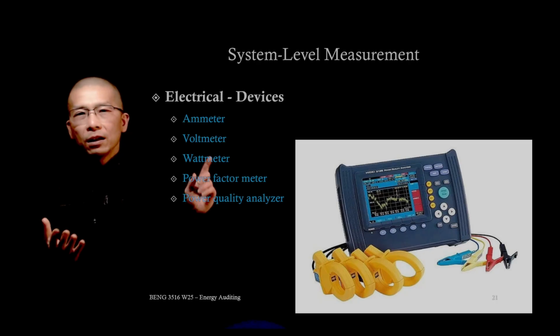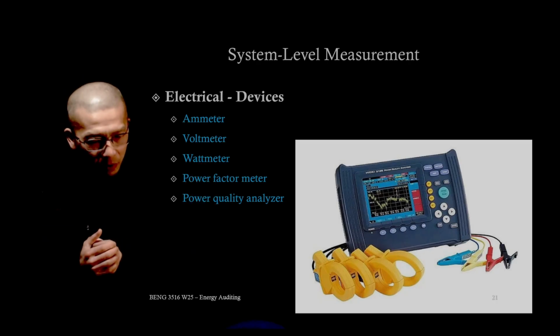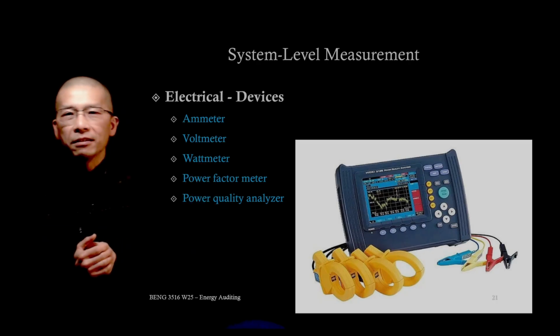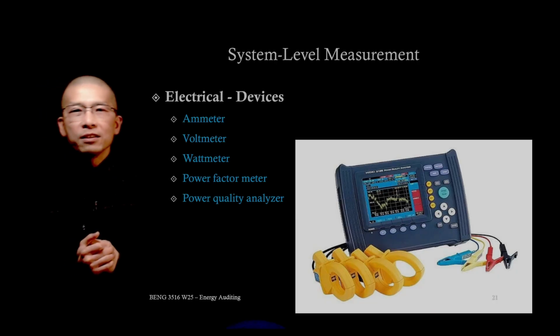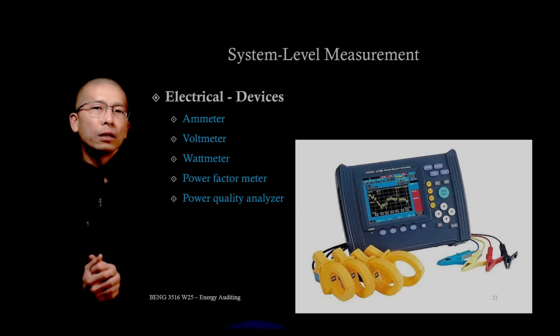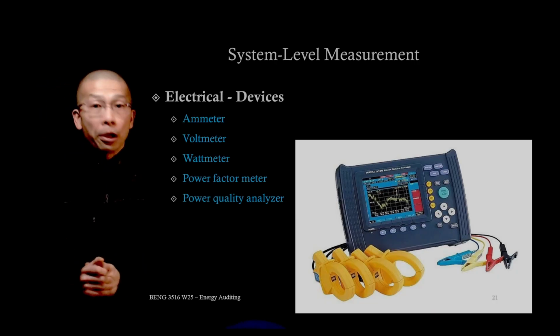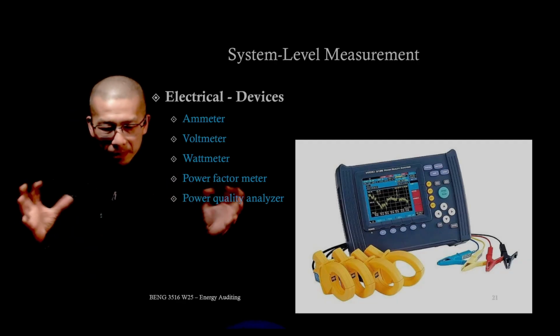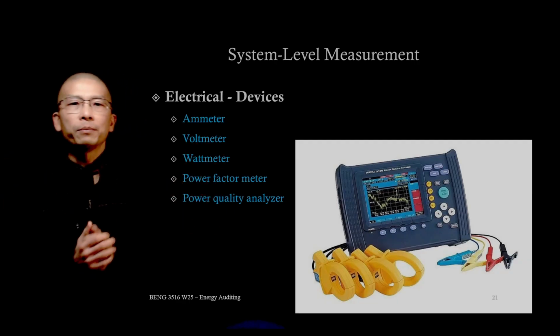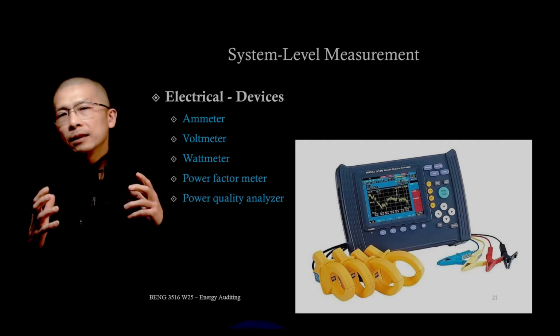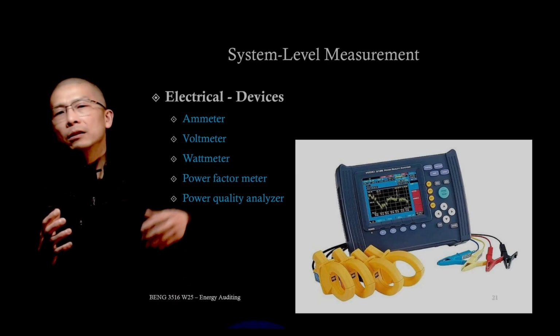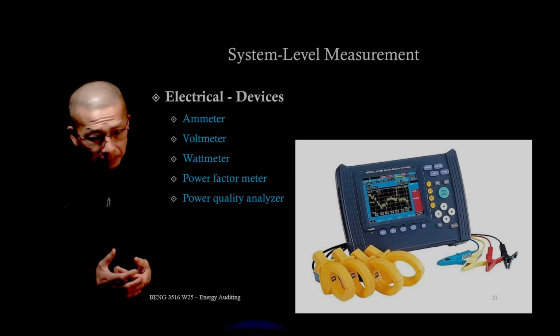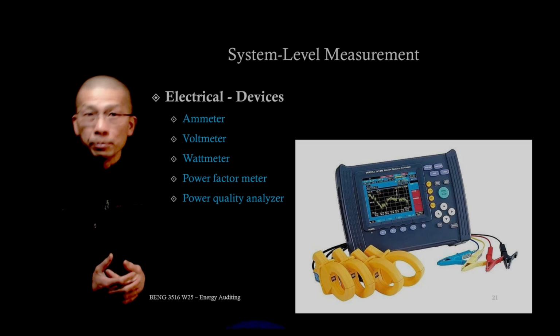For a professional audit, we also need what's called a power quality analyzer. This device doesn't just tell us how much power is being used, it also tells us the shape of the power. Right? We are looking at the power factor and harmonics. Those are technical terms.